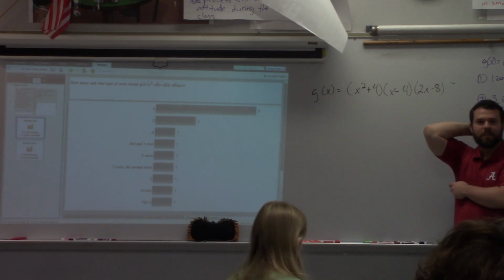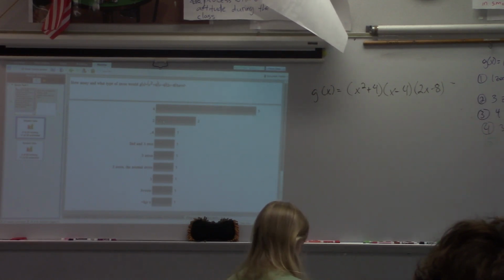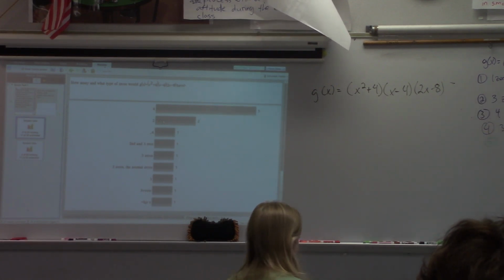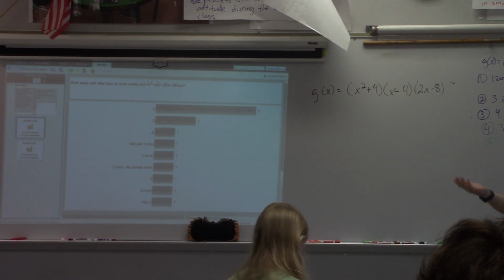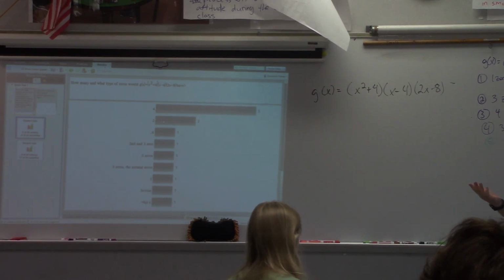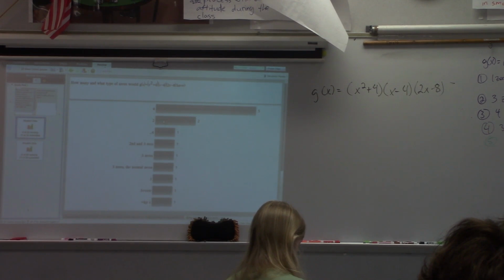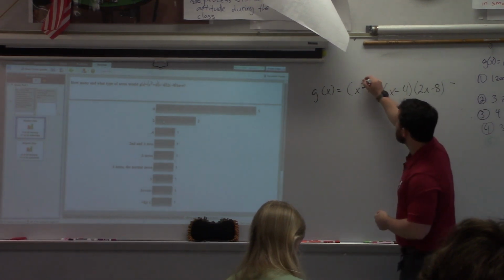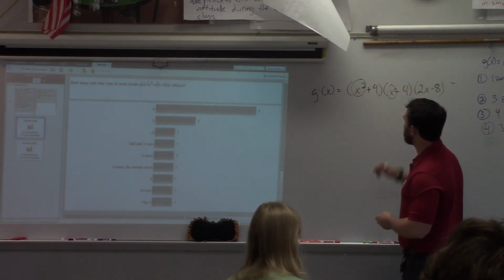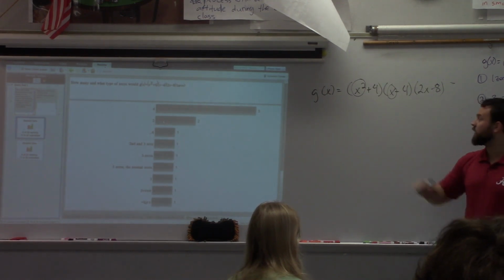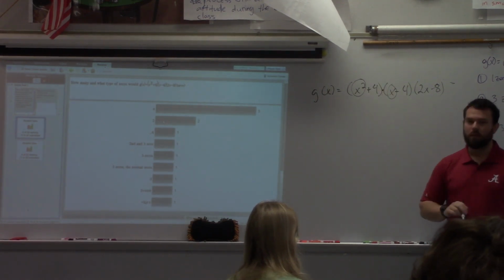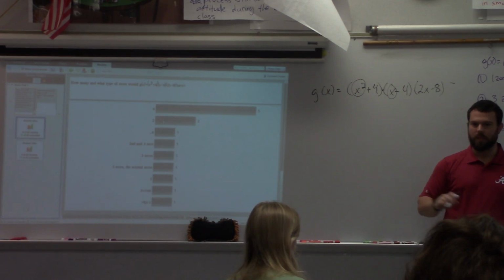One thing I want to point out, and we have to be careful about this, is there's a difference between when it's in standard form versus when it is in factored form. If I take x squared and multiply it by x, what do I get? X cubed.